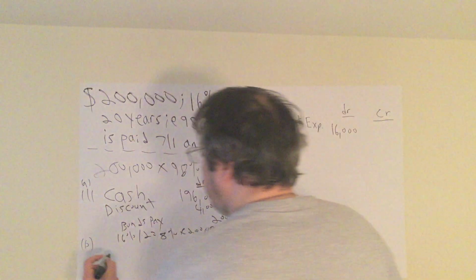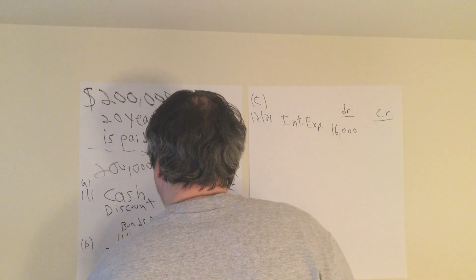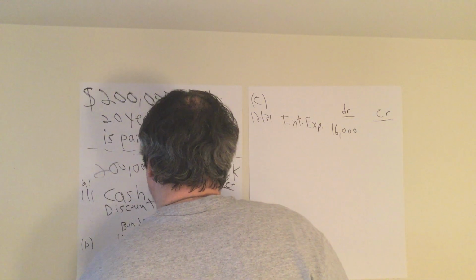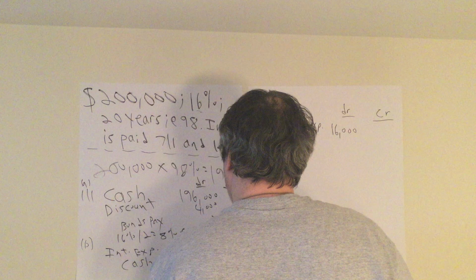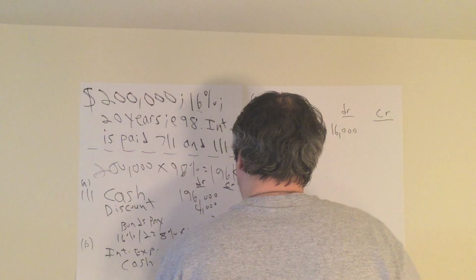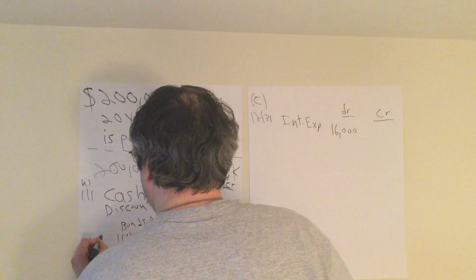So the entry is going to be debit interest expense, credit cash for $16,000. And that's going to be made on July 1.